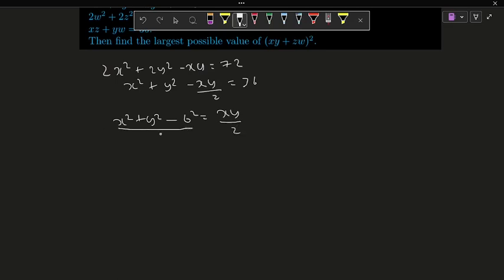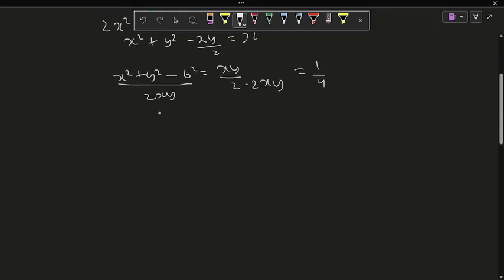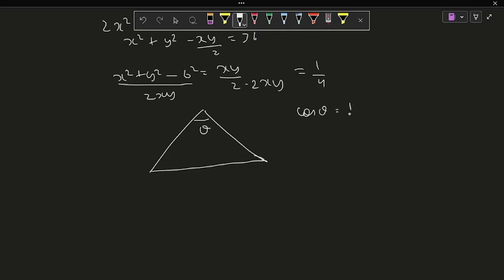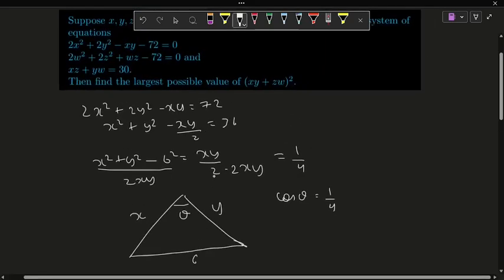Let's divide by 2xy into 2xy. So this becomes 1 by 4, and so we can convert this into this triangle, which looks something like this. Let the angle be theta such that cos of theta is equal to 1 by 4. This is x, this is y, this is 6.